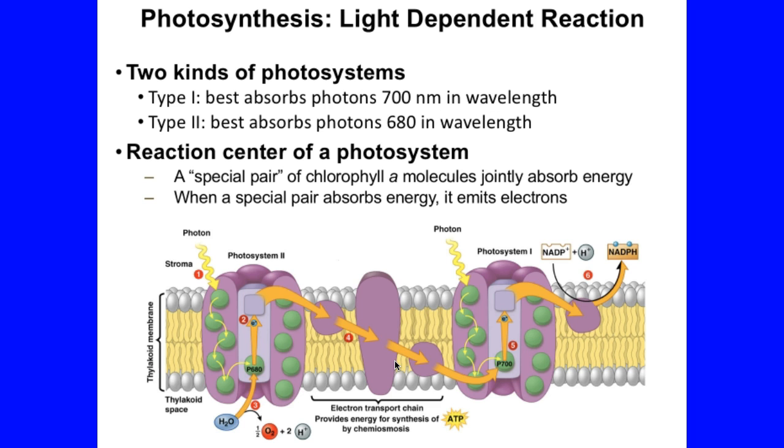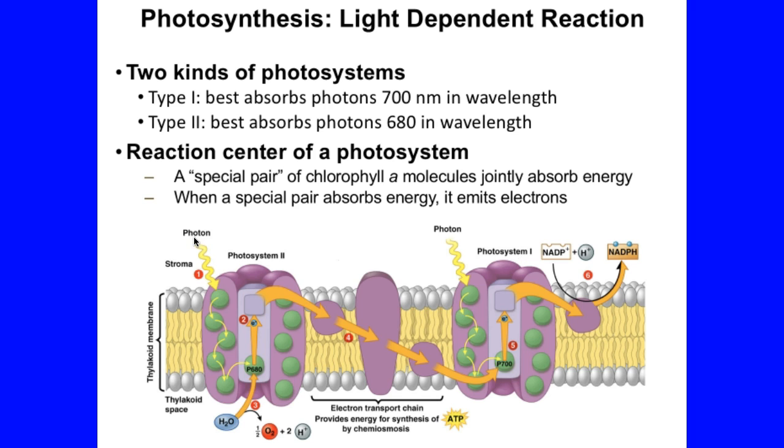We're still talking about the light-dependent reaction, which consists of two photosystems. You want to know that photosystem 2 is acted upon first, and then it goes to photosystem 1. It was named this way only because this is the order that they were discovered in.